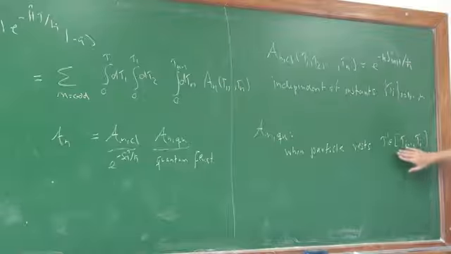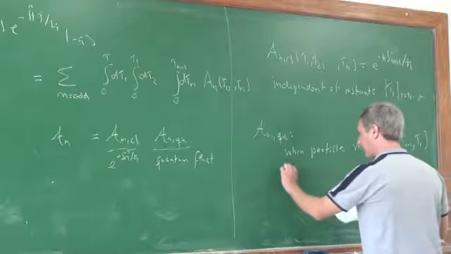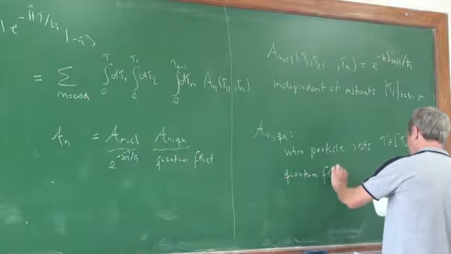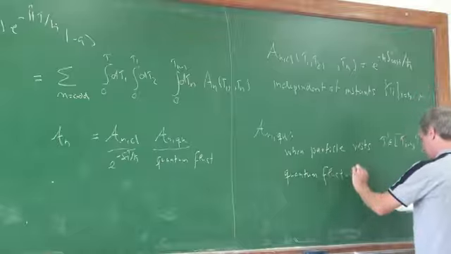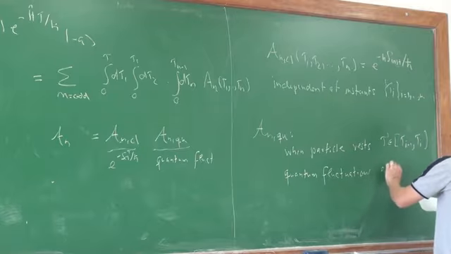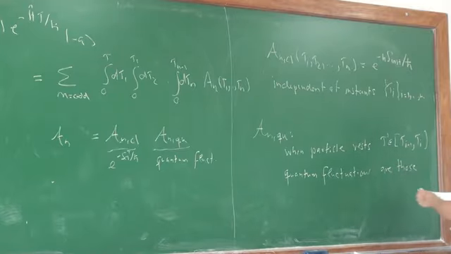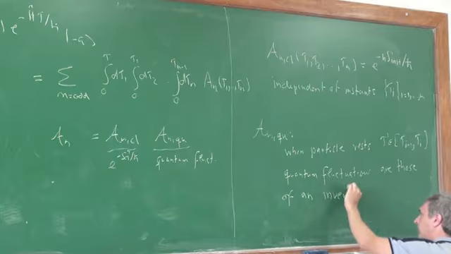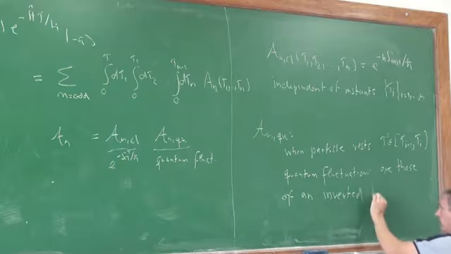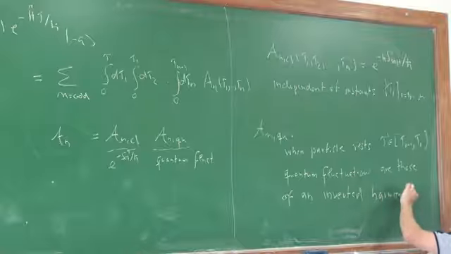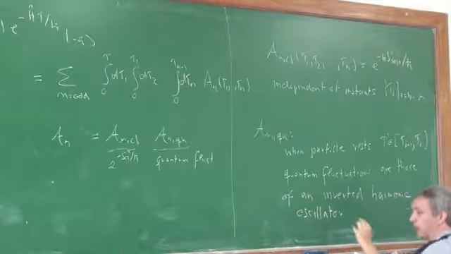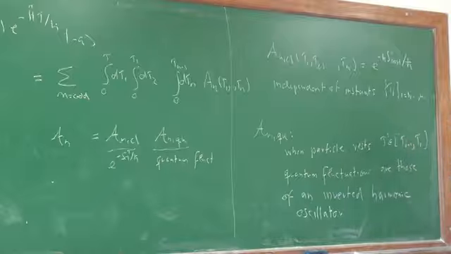In this interval, the particle rests, and there the quantum fluctuations are those of an inverted harmonic oscillator, inverted again because we are considering the imaginary time formalism. This is because it should be good to approximate the potential by this quadratic form.